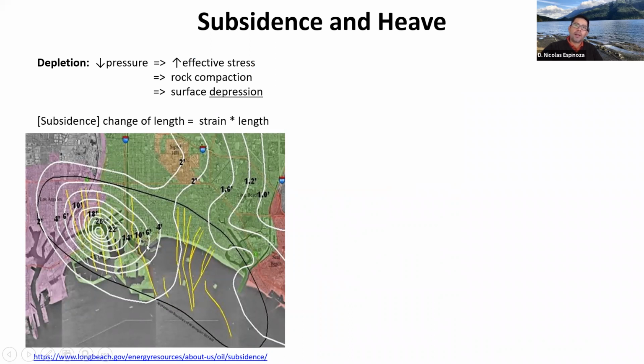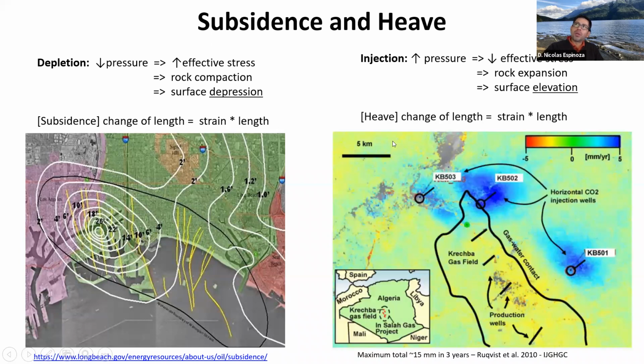In some places, like in this case in Long Beach, California, there have been severe cases of subsidence. In this case, 26 feet of subsidence. This is quite a bit. And for CO2 storage, the opposite is going to happen. When we inject a fluid, the rock is going to expand and the surface is going to go up.